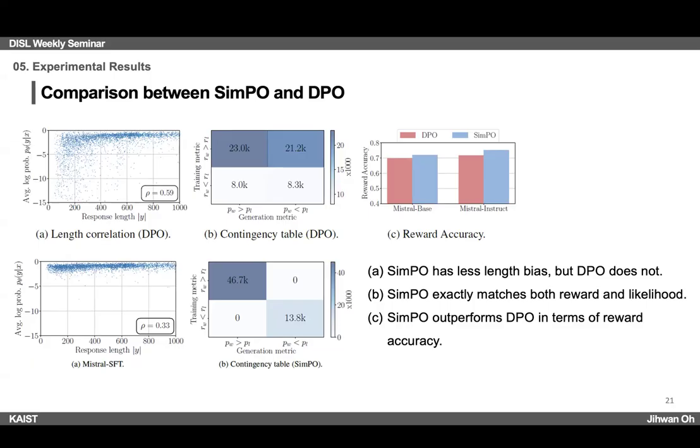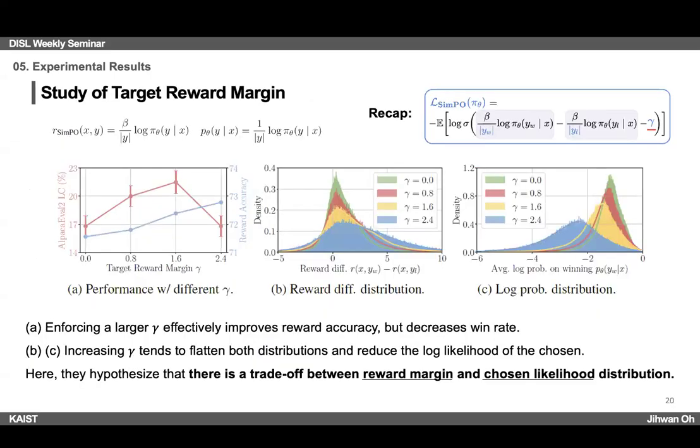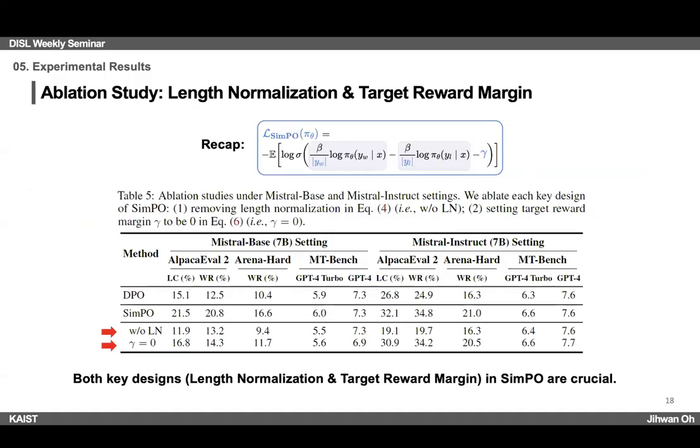The concept of DPO and its variants, such as SimPO, always argues that the implicit reward can replace the external reward model, and it can optimize the model.